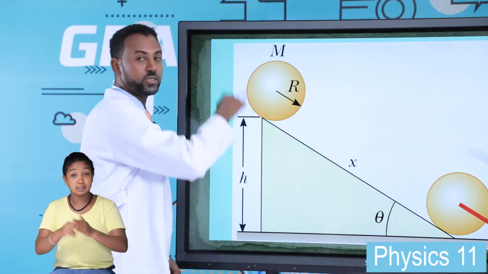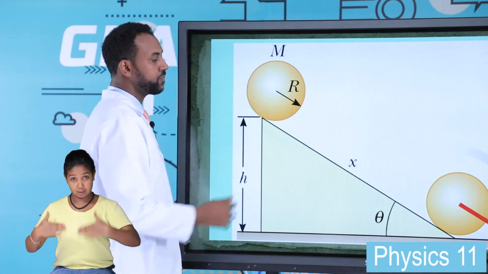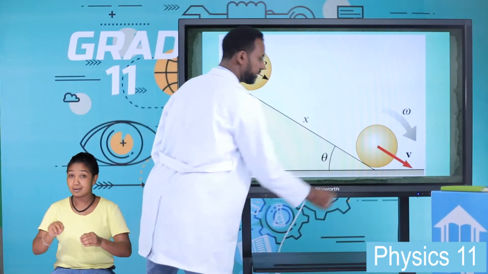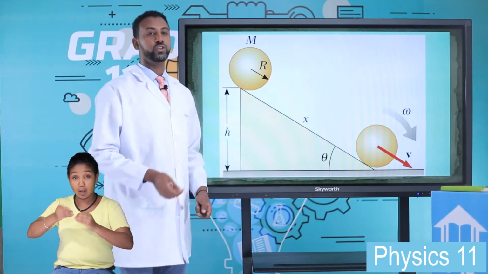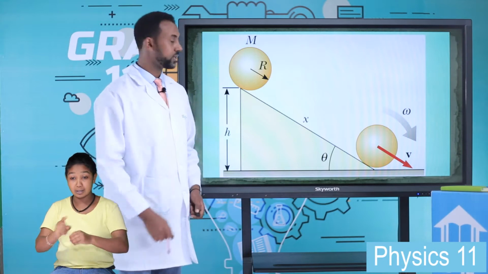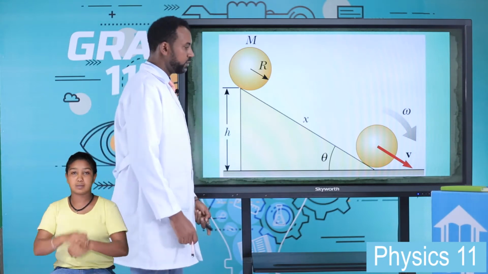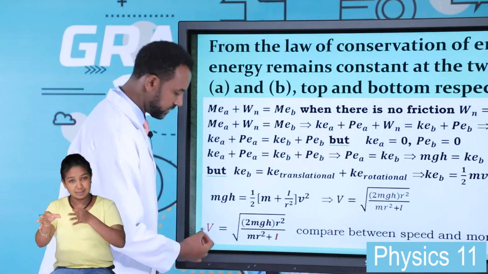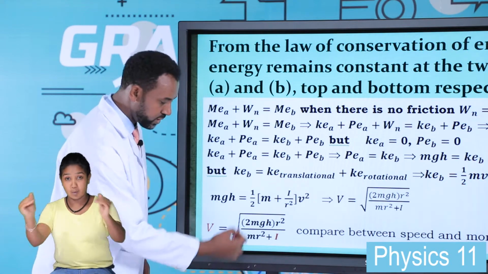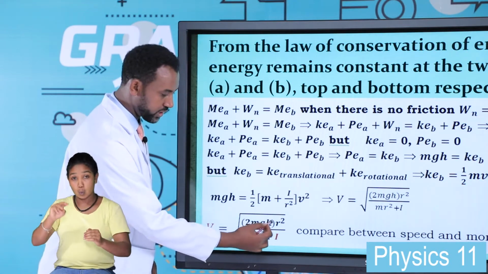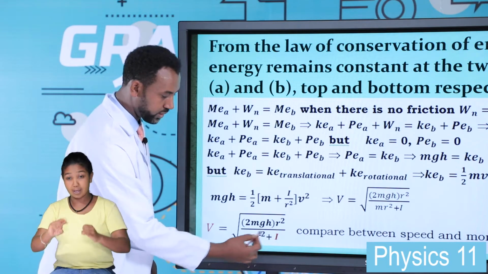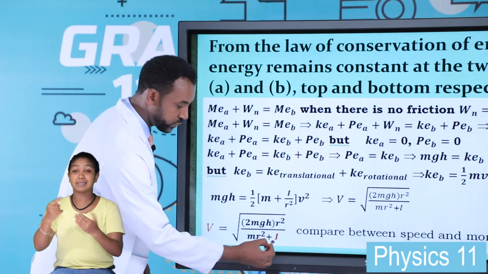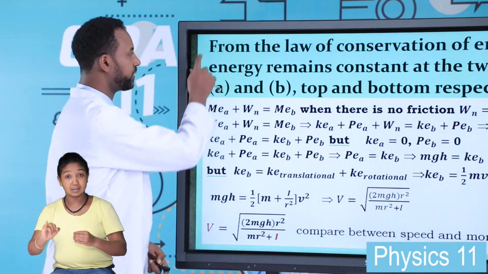Since this object is a rolling body, its kinetic energy at the bottom is the sum of rotational kinetic energy and translational kinetic energy. We found the expression v equals the root of 2mgh r squared over (mr squared plus I), where I is the moment of inertia.